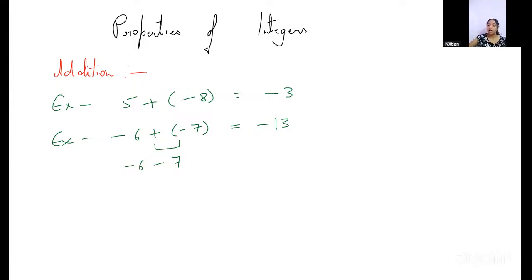Now, I am adding two positive and negative integers here.